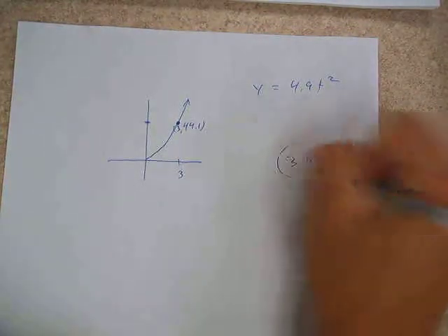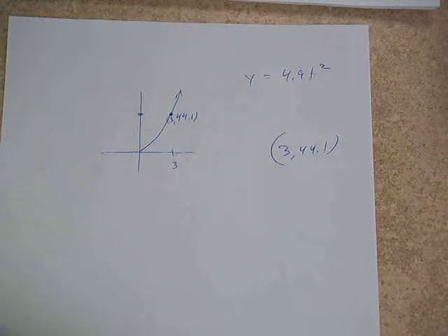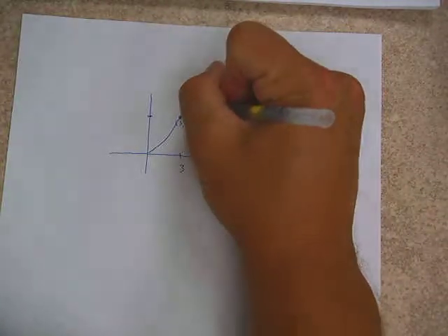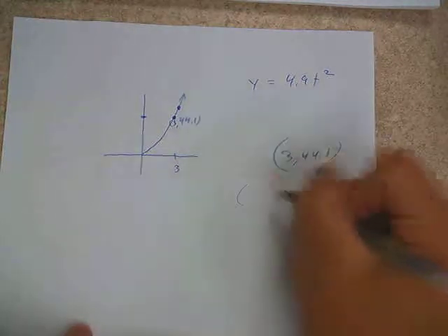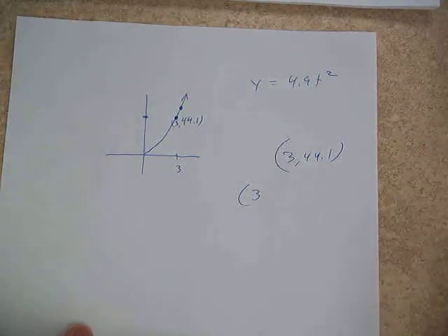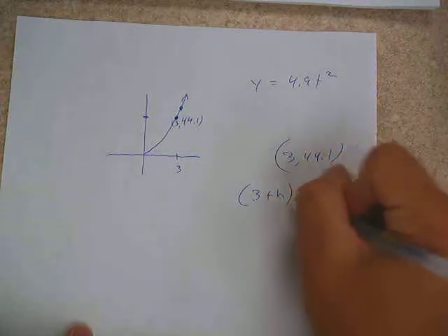So knowing that we need 2 points, let's find the y coordinate first. If I do 3 squared, that's 9. And what's 9 times 4.9? 44.1, right? Okay, so (3, 44.1) is that point.